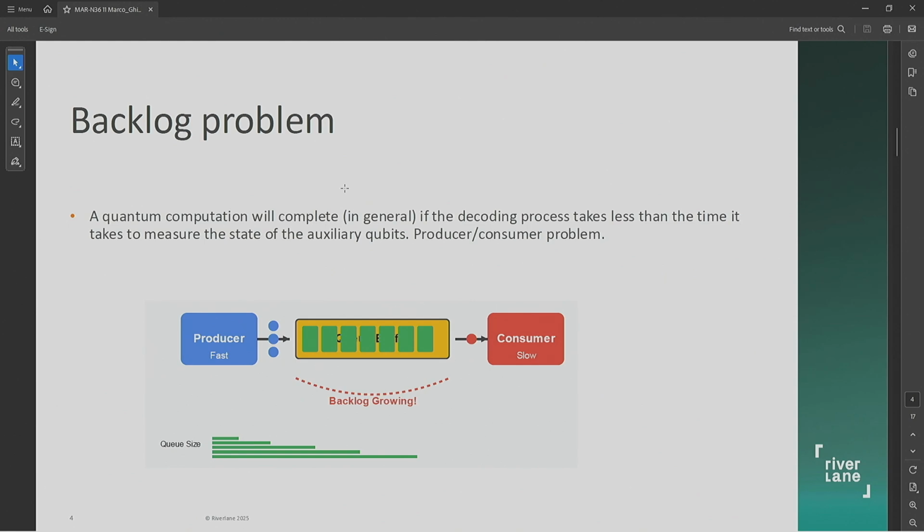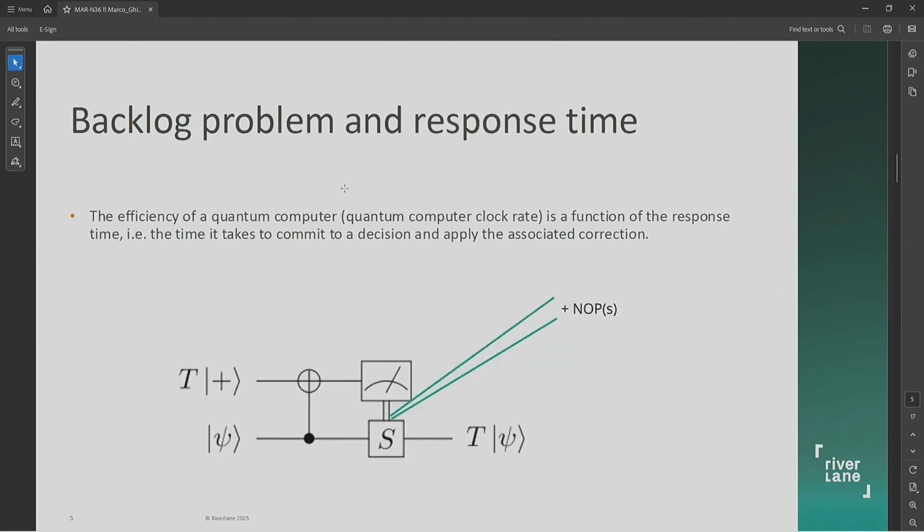A classical problem applies in quantum. What it means is if you are not fast enough, and I will show you some numbers, you're not doing any computation at all. The second problem is less of a blocker, but still is quite annoying.